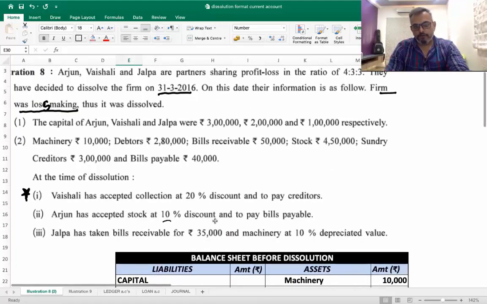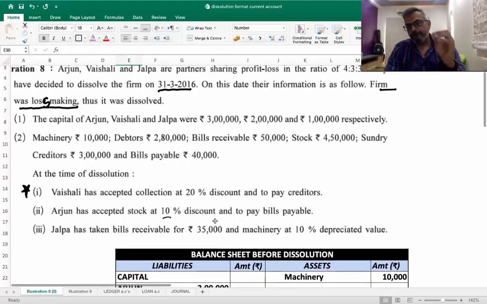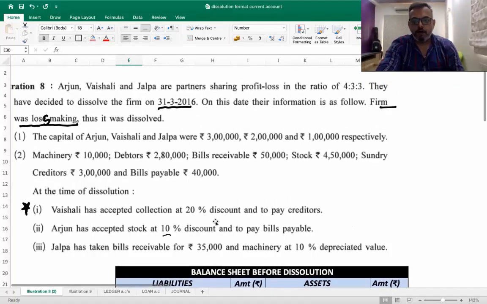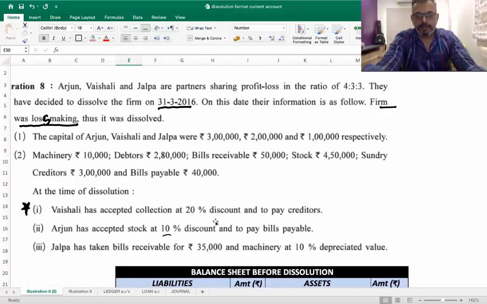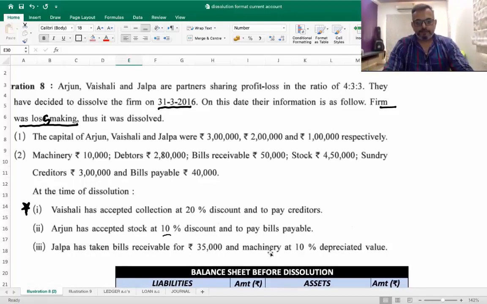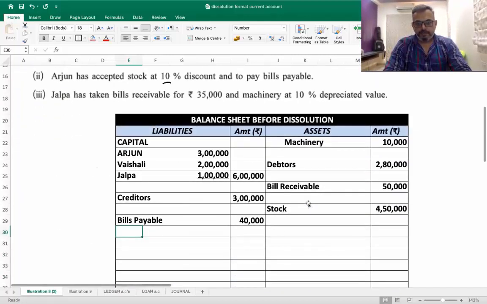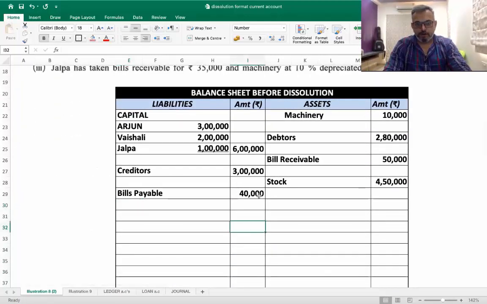Now what we have to do is see if our balance sheet is matching or not. Please check whether the balance sheet is matching, and see what the difference is in case it is not matching. Here it is 9,40,000. Here it is 7,90,000. So it is not matching. Your liability side is more.